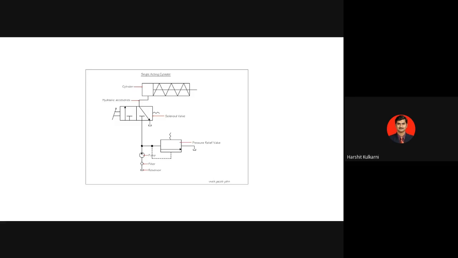Anyone? Sir, 3x2 solenoid actuated. Okay, directional control valve. 3 by 2 is correct. Is it solenoid actuated? Yes. Then one more word you missed.